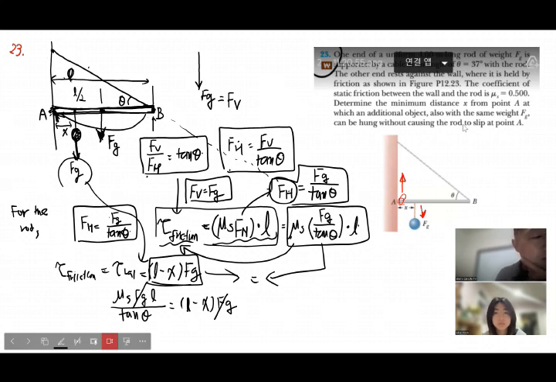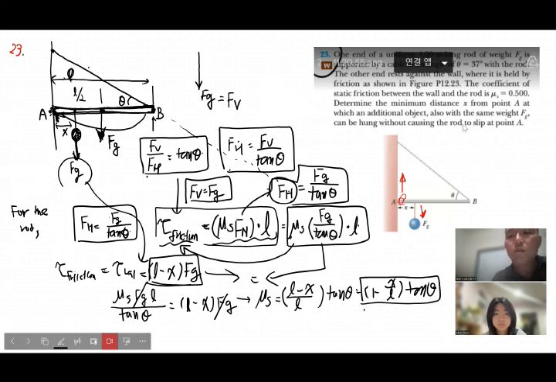That leads to a single formula to express the frictional coefficient. If you move L and tangent theta to the right-hand side, it should be mu S equals 1 minus X over L, times tangent theta.